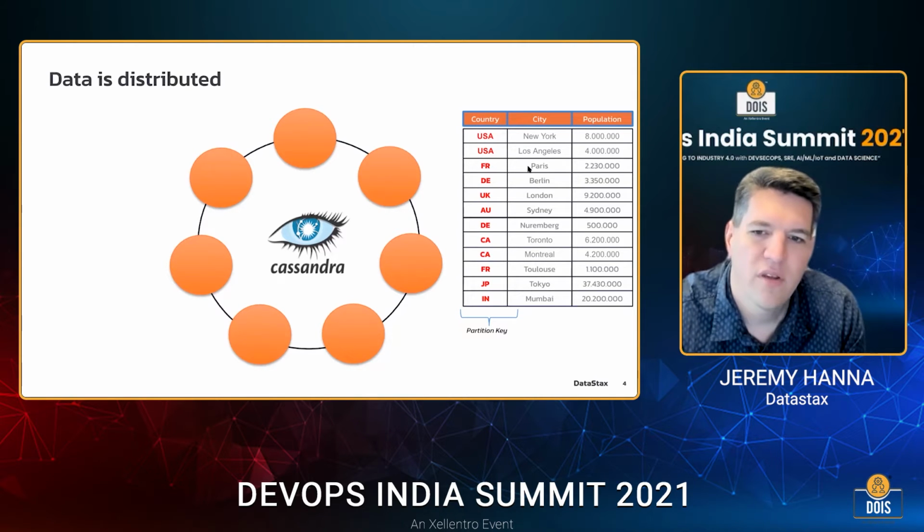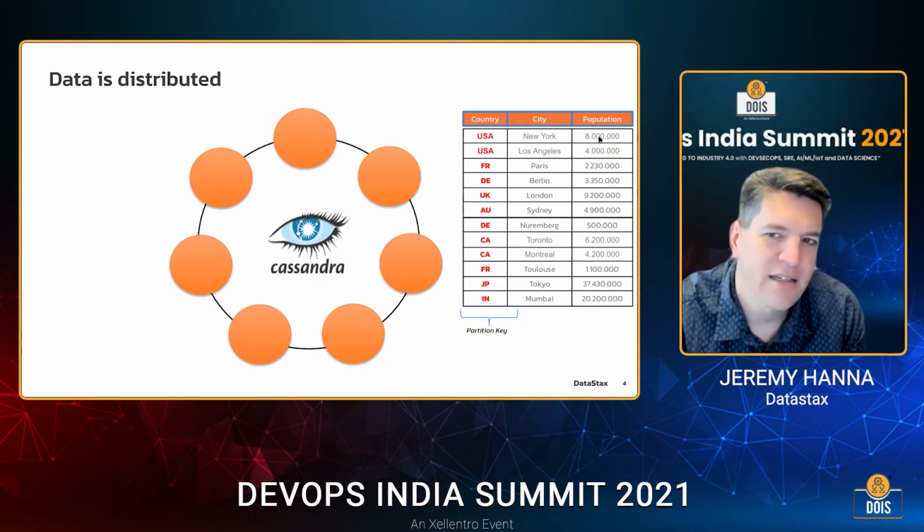We have in this table over here a set of data, and what we want to do is to say we have a use case where we need to get the cities for these countries and associated metadata like population. And so what we're saying is the partition key to get to this data is in this column here.